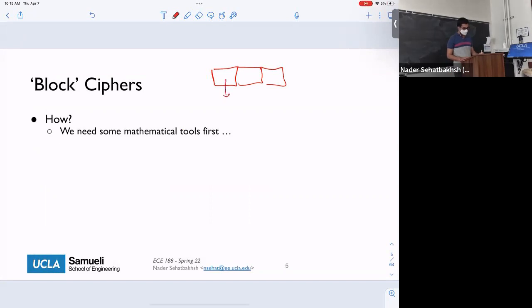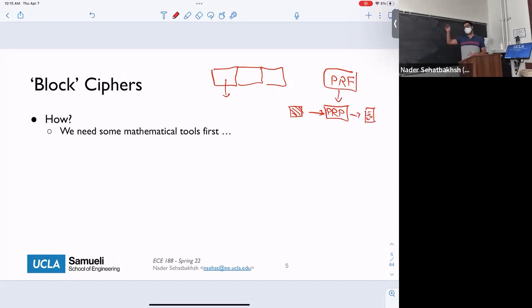And we use this concept called pseudo-random functions, or a specific version of pseudo-random functions, pseudo-random permutations, PRPs. A PRP is basically this machine that takes whatever input block and maps it to another block. All right, so it's from the same domain to the same domain.